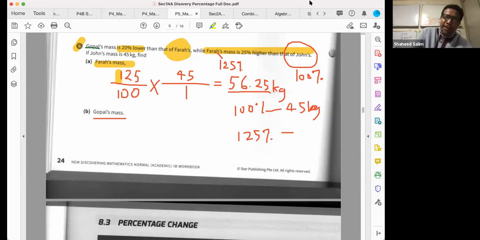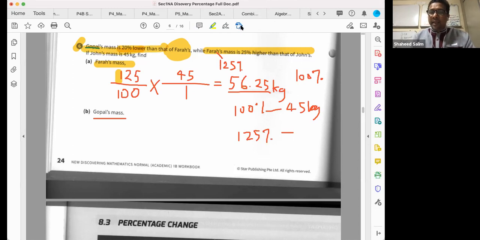Okay, I repeat. I will go through everything again for 100%. Number one, 100% can change. What does it mean? It means it depends on what your sentence is. Down here, there are two parts of a sentence. Gopal, there's one sentence. Farah and John, another part of a sentence.